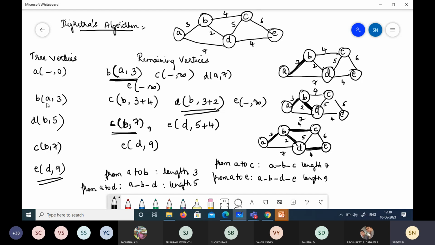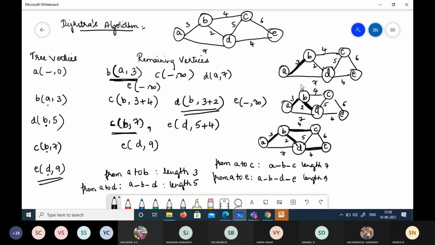To reach B, it was A. To reach D, we went through B. To reach C also we went through B. And to reach E, we went through D. When we go to D, we'll come to know B also was involved. So we say E, D, B, A as a path. A, B, D, E, and the length is 9. And you have to write this in the problem. Okay?